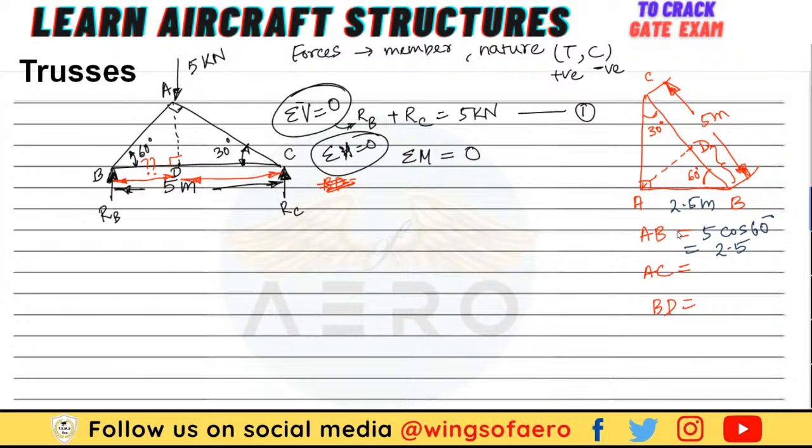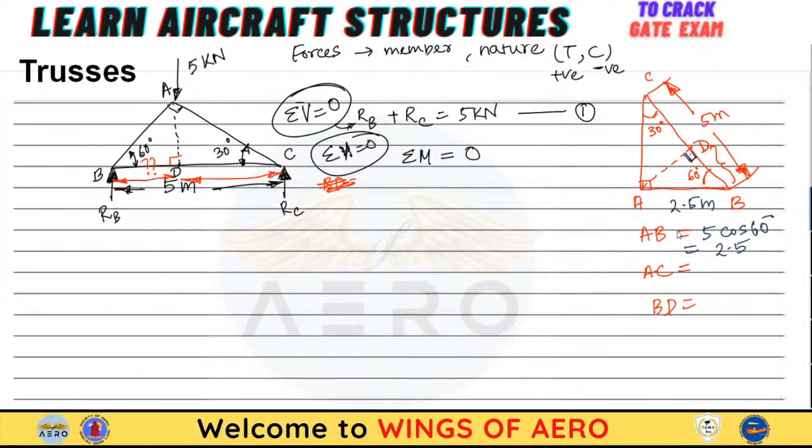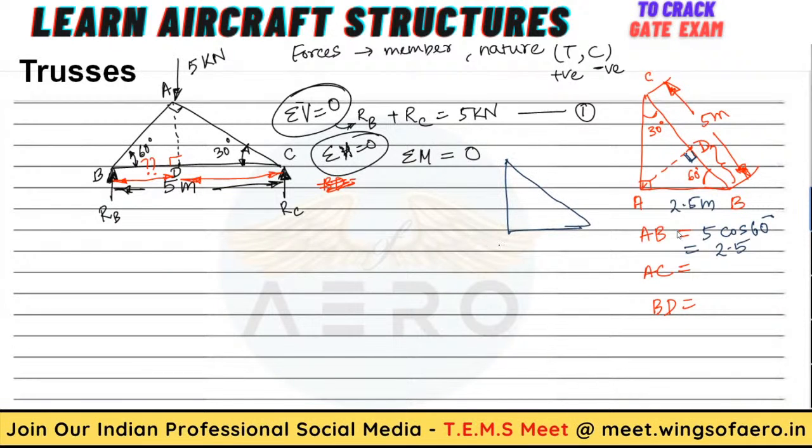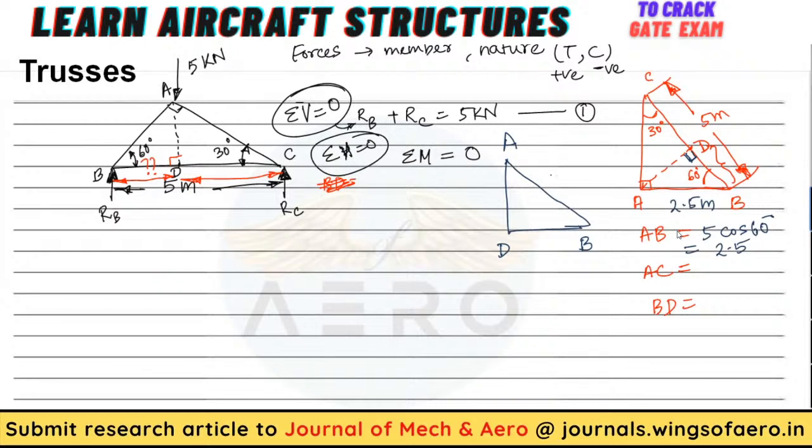Now from here I will consider this triangle. Again this becomes 90 degree, isn't it? This becomes 90 degree, and now I got this is 2.5. Now this triangle will change again. This is D, this is B, this is A. Then again AB I got 2.5 meter.